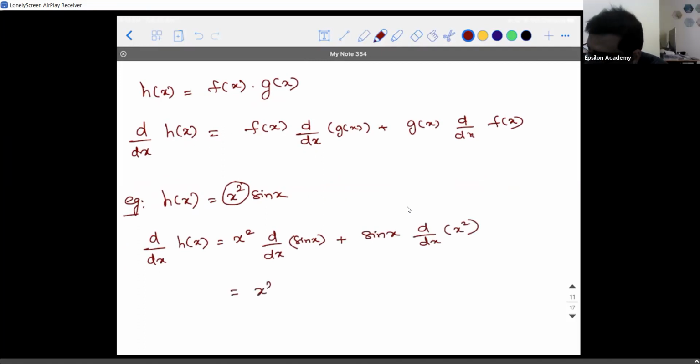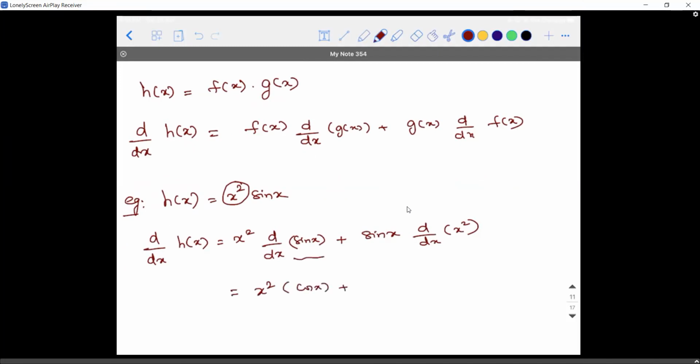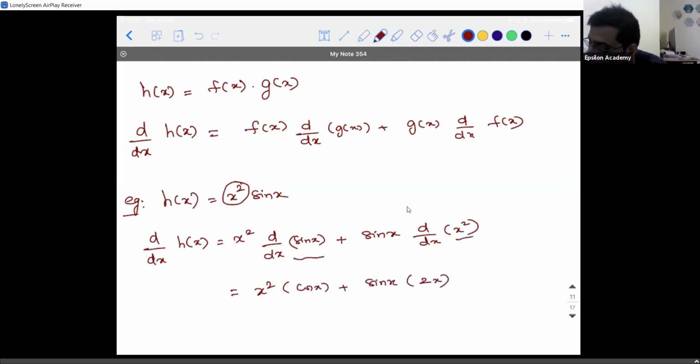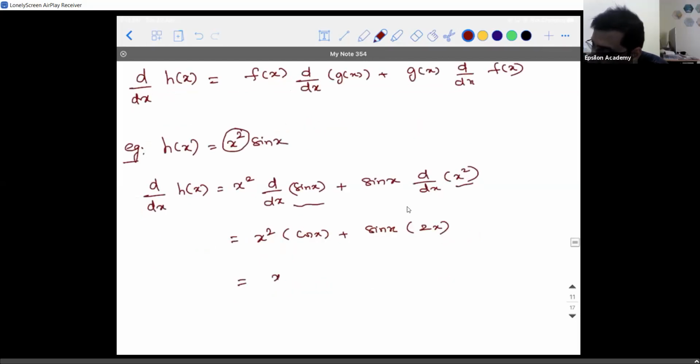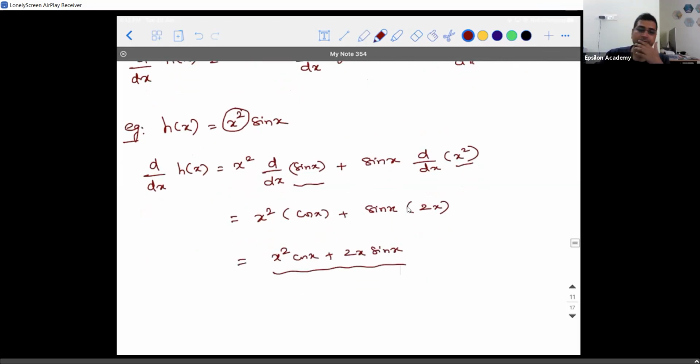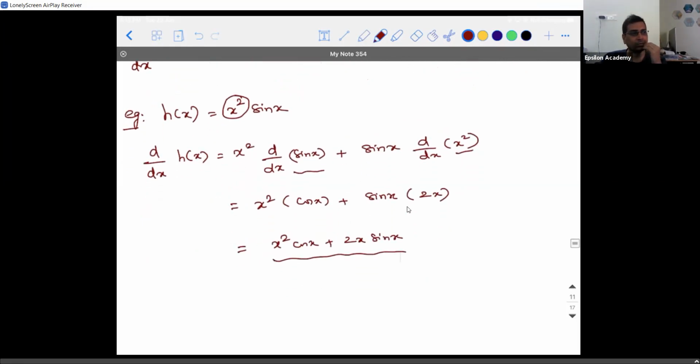So x square, you leave it as it is. Derivative of sin x is going to be cos x, plus sin x, you don't disturb it. So derivative of x square is 2x. So answer will be x square cos x plus 2x sin x. x square cos x plus 2x sin x is the derivative of x square sin x.